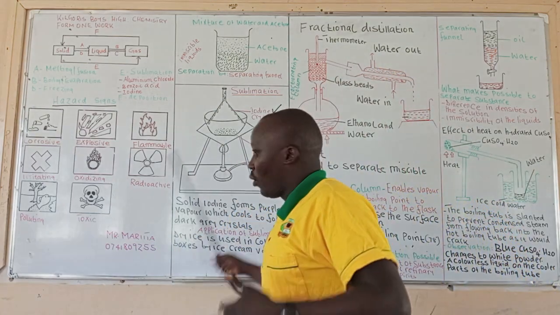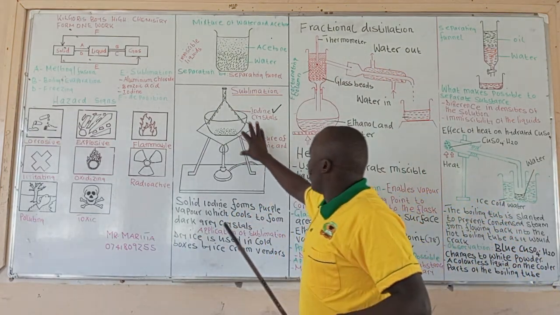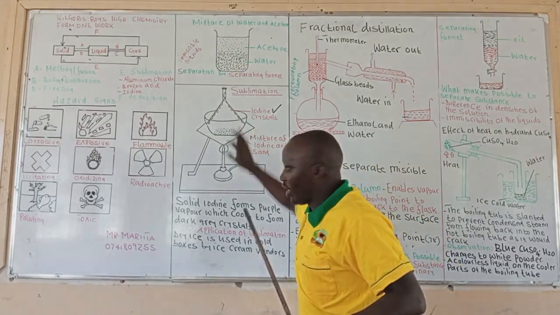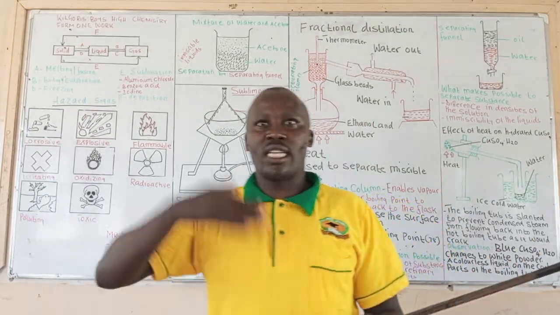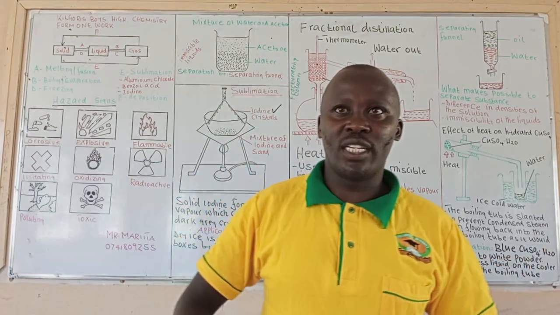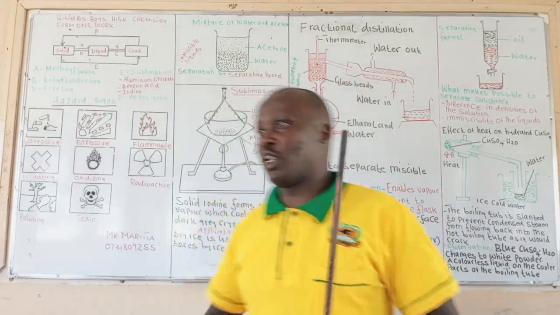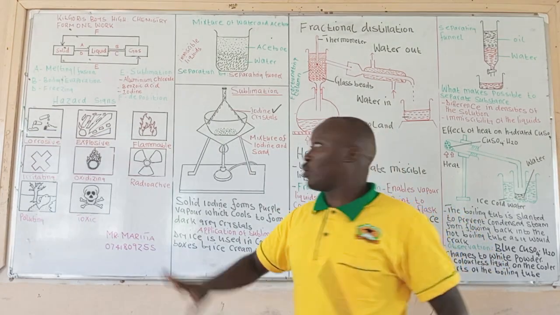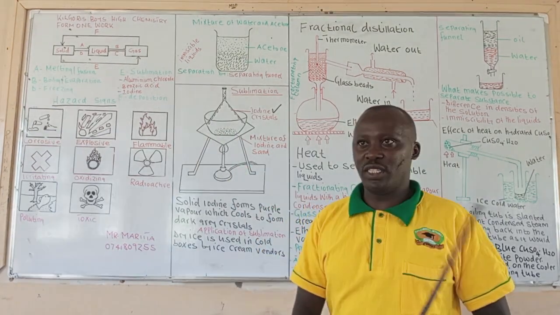It is then scraped and placed in a different beaker. In that process they are separated. So we have various substances which can be separated by this method.